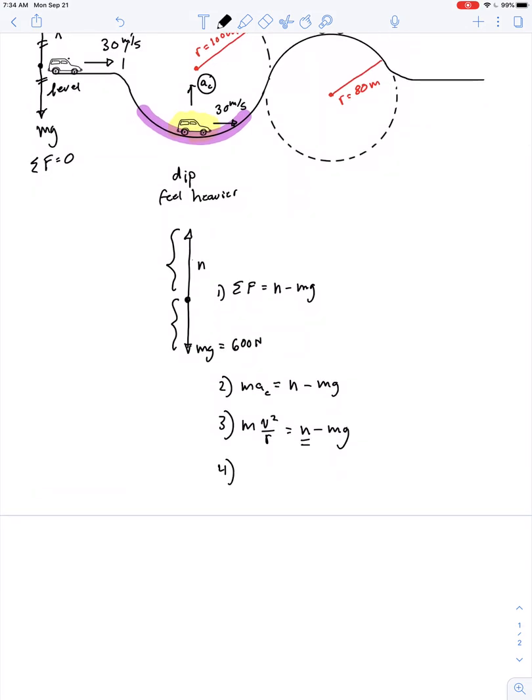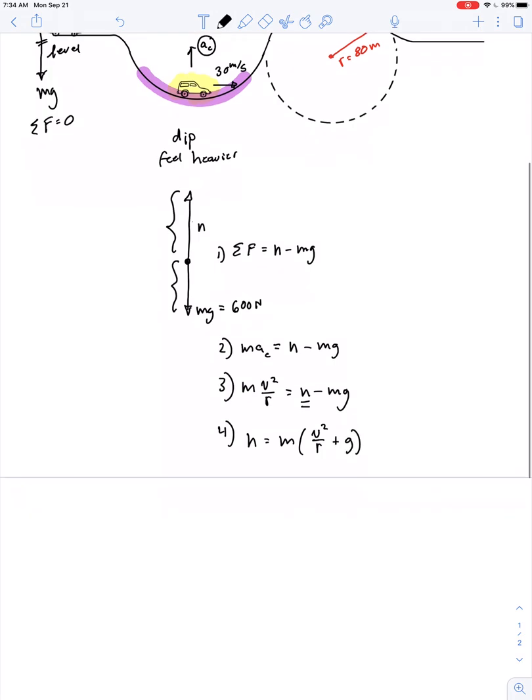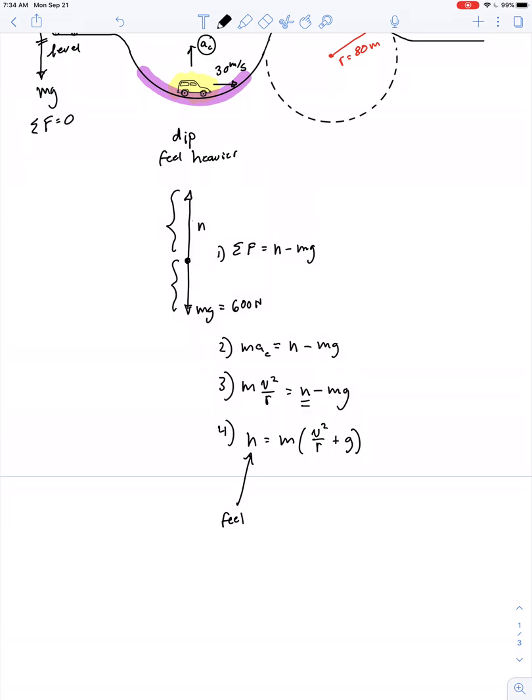So let's solve for N. N is equal to m times the quantity v squared over r plus g. Well, this is what you feel. You feel the amount of contact force with your seat. So you feel the normal force, which is why you feel heavier than 600 newtons.